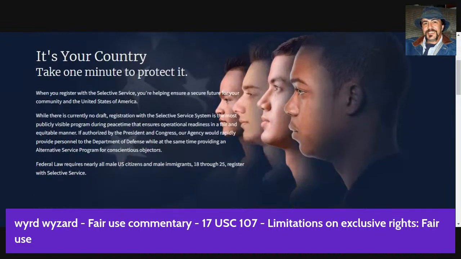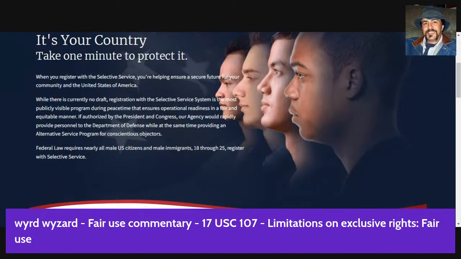In this, it says, when you register with selective service, you're helping ensure a secure future for your community and the United States of America. While there is currently no draft, registration with the selective service system is the most publicly visible program during peacetime that ensures operational readiness in a fair and equitable manner.